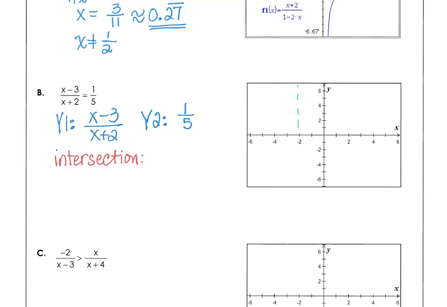So you can tell that at x plus 2, -2 is going to be a vertical asymptote. And our graph is going to come over here in quadrant 2. And then it will be over here in quadrants 4 and 1. And then y equals 1/5 is going to be a little dotted line right in here.